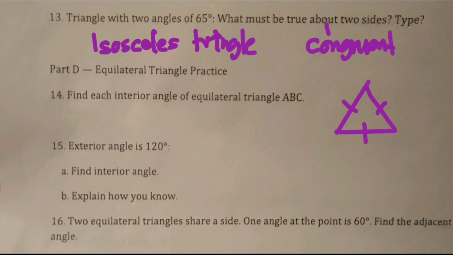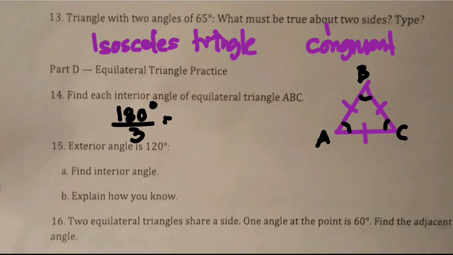Let's say this is triangle ABC. Since they have equal sides, that means the interior angles, or the angles inside, are also equal. But the sum of the measure of the angles inside the triangle is 180. So you can just calculate 180 degrees divided by 3. So this is 60 degrees.